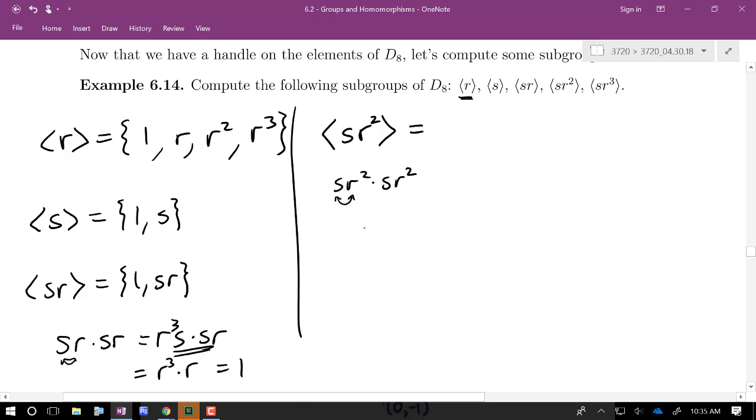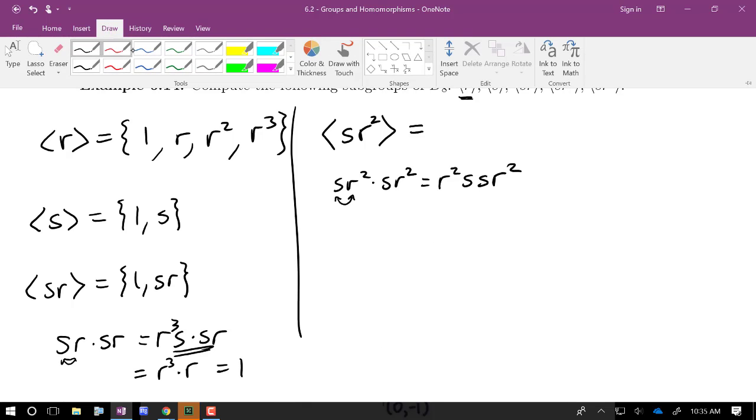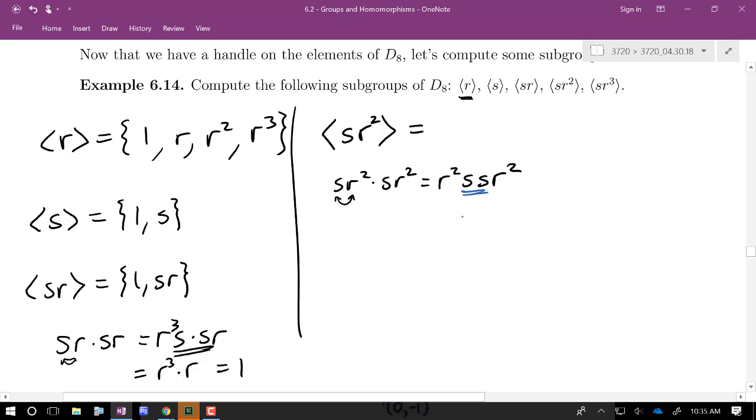If I flip the S and the R squared. R squared, yeah. If I rotate twice, the way I get back to the identity is to rotate twice again. So this would be R squared S, SR squared. And again, S times S is 1. So we get R squared times R squared, which is the identity. So this has just the elements 1 and SR squared.